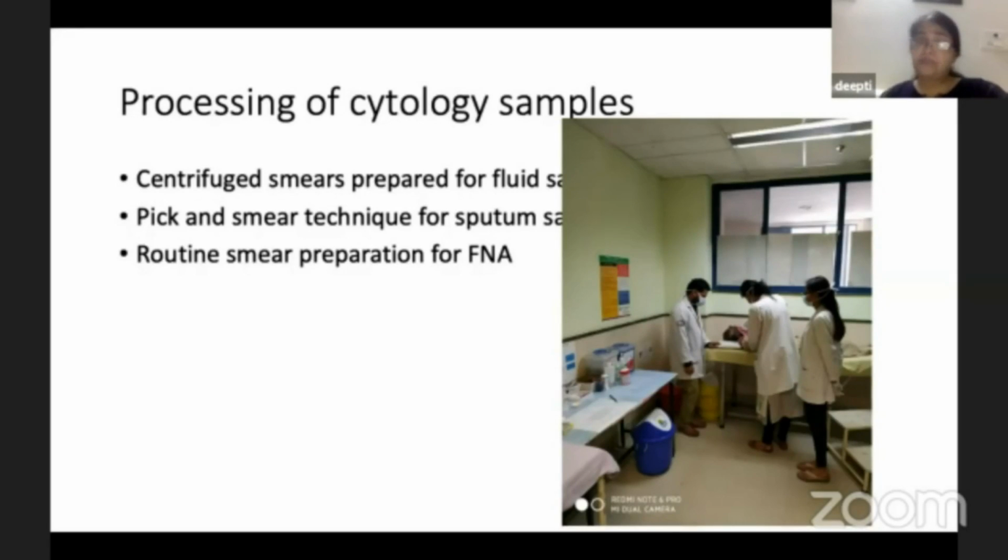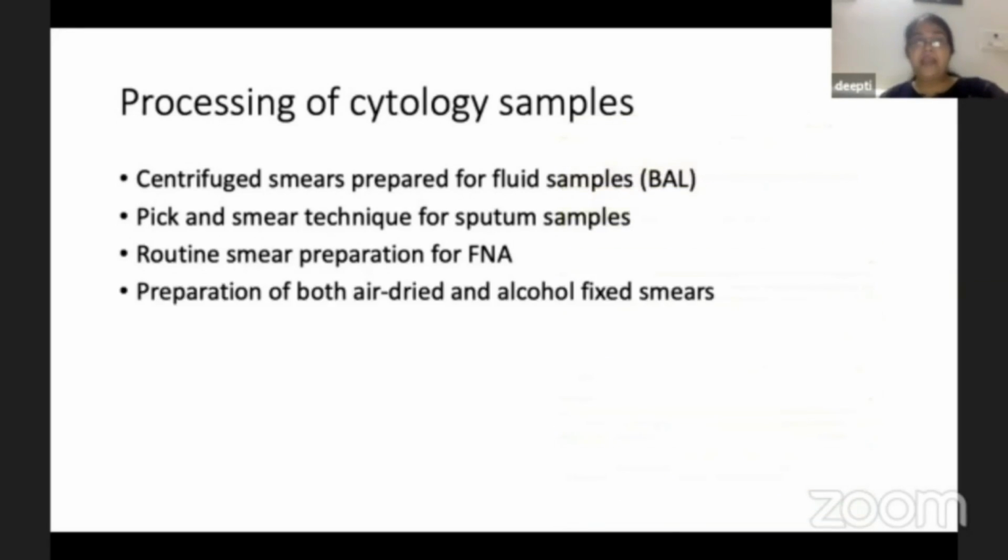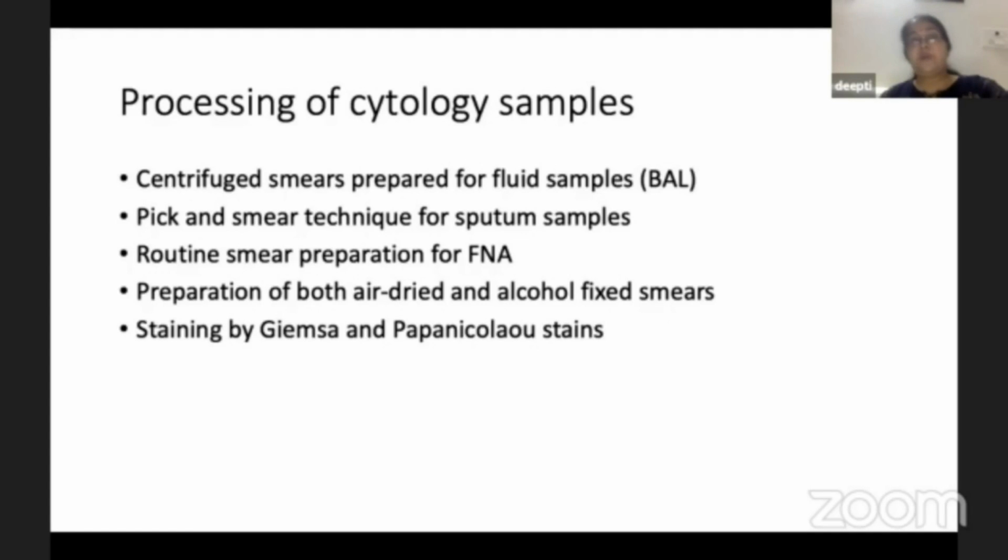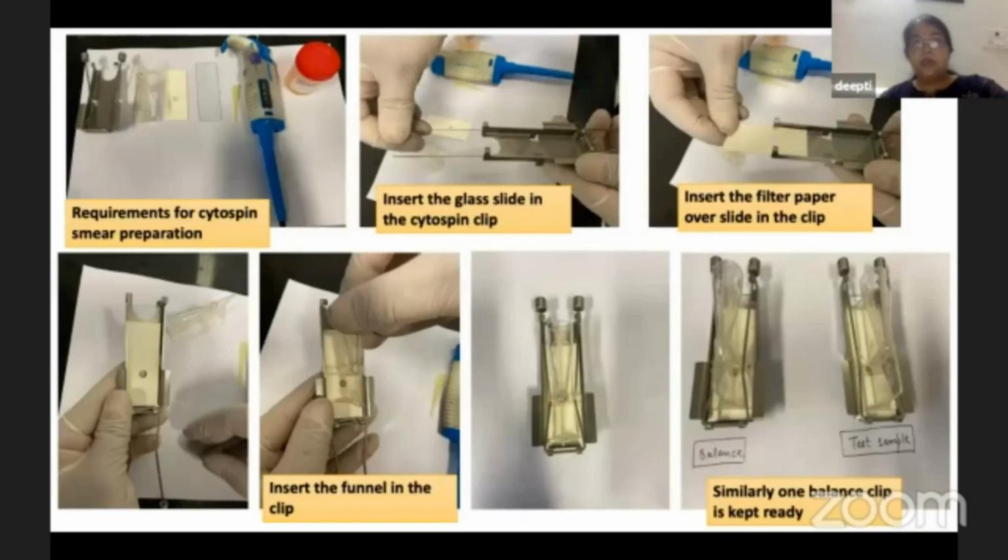You insert the glass slide in the clip, then you insert the filter paper. Now see that this filter paper has got a small hole inside. Then you insert the funnel in the clip. You also arrange for a balanced clip to be placed in the cytospin. Then you place two cytospin clips opposite to each other. Now, instill the sample in this funnel, suppose 7 cells. Then you place the cover, and the machine lid is closed. Now, this slide shows you how you set the speed and timer.